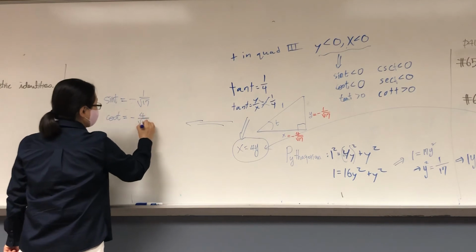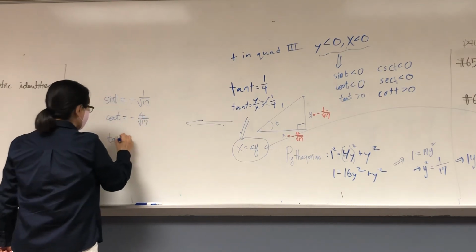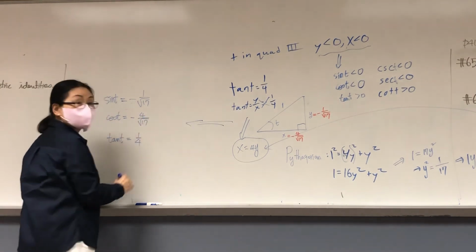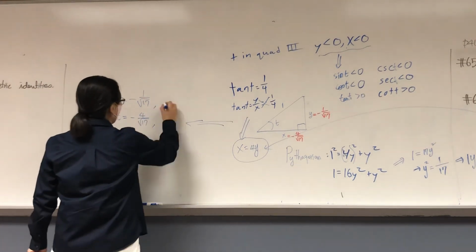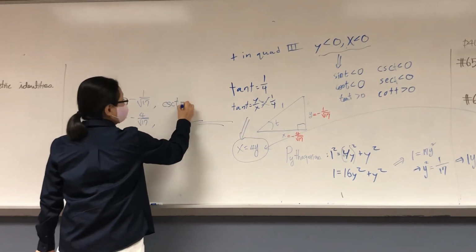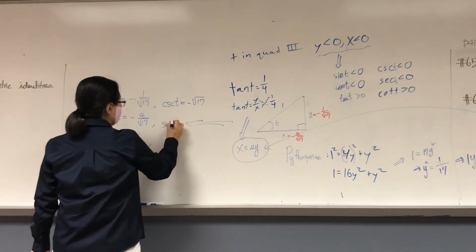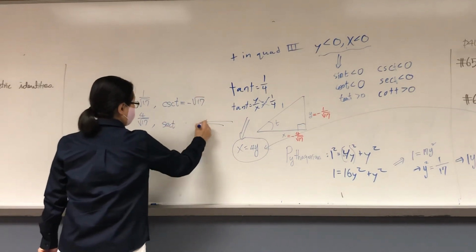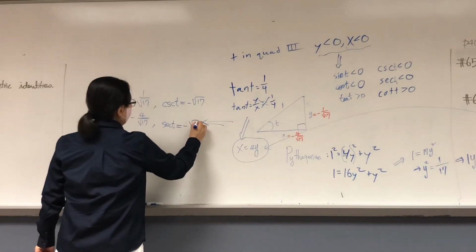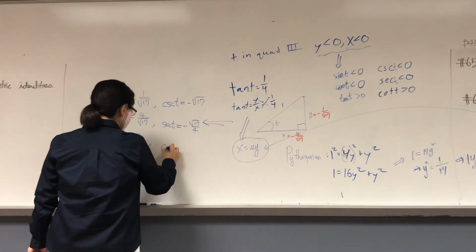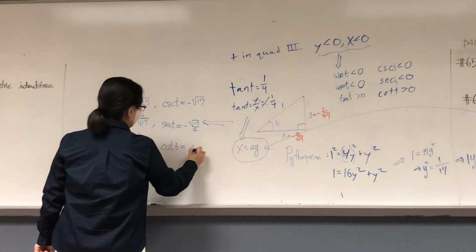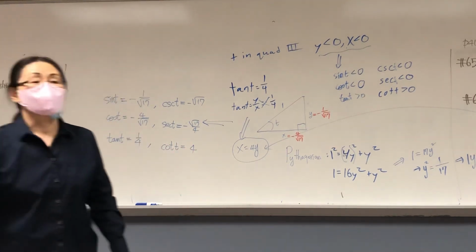Very good. And you already know tangent t is 1/4, right? What is the cosecant t? Negative root 17. Yep. What is secant t? Negative root 17 over 4. What is cotangent t? 4. That's right. Stop here.